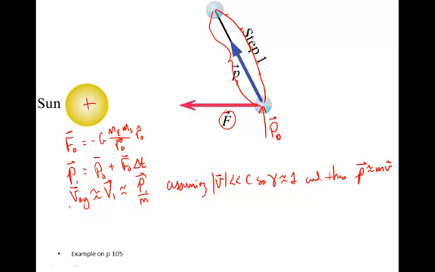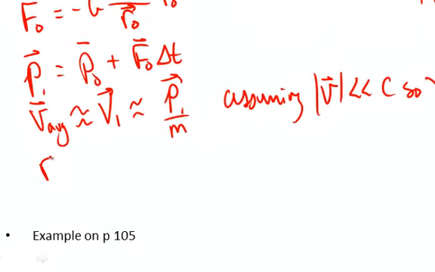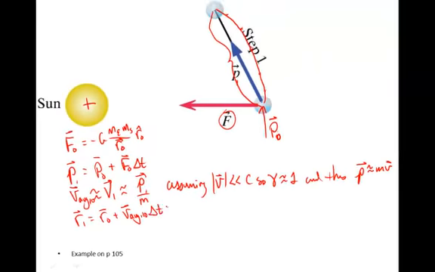And then from this, I get to find what my new position is. R1 then is R0 plus this V average. To be more precise, I should probably call this V average 1,0. That's the average velocity going between point 0 and 1, times delta T. So I've got a new position.